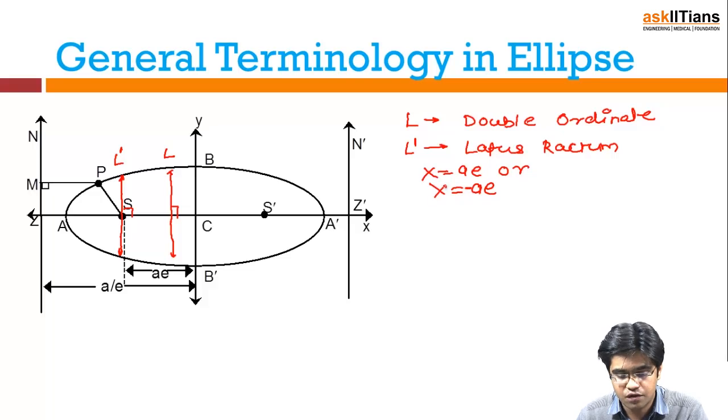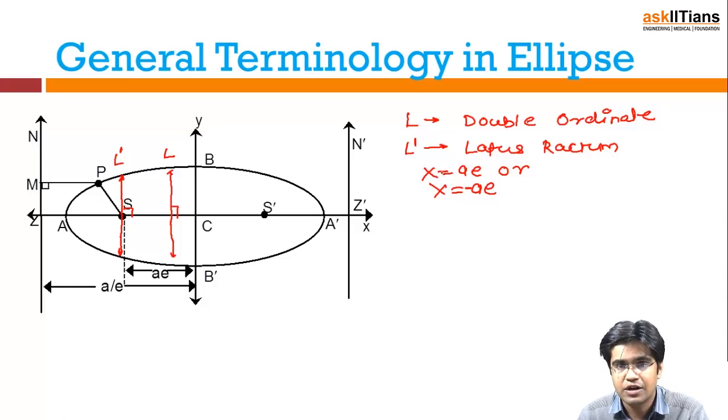So when you put x equals ae in the equation of the ellipse and solve, you are going to get 2 points. When you satisfy the equation of the straight line with the ellipse, you get points of intersection, one point here and another point here. And with the help of the distance formula, you can find the length of the latus rectum.